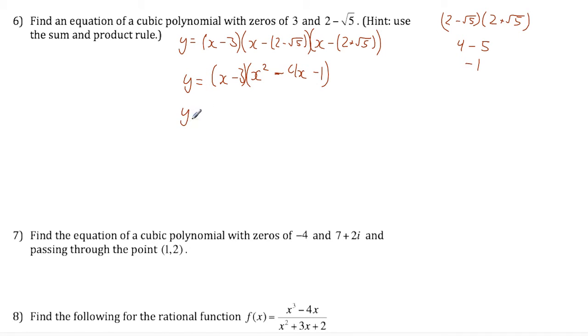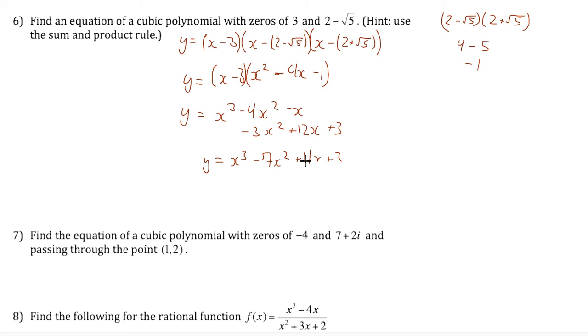So when I do that, I'm going to get y is equal to x to the third minus 4x squared minus x minus 3x squared plus 12x plus 3. So I get y is equal to x to the third minus 7x squared plus 11x plus 3.